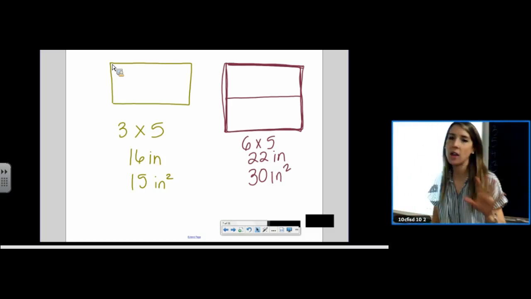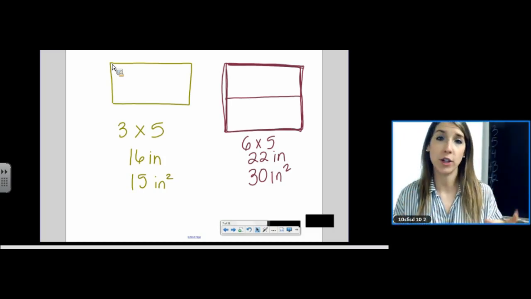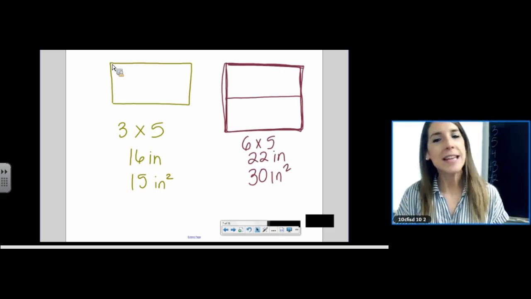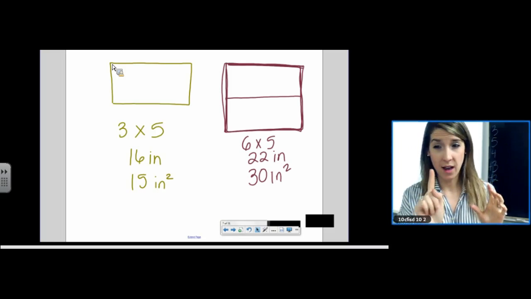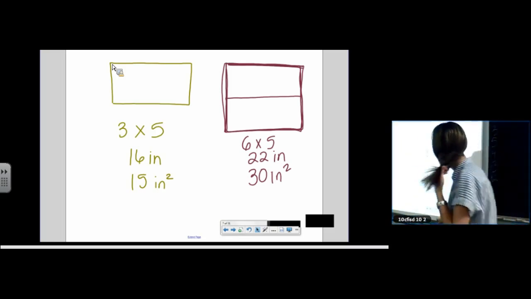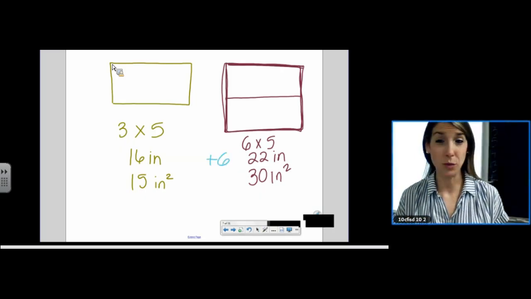Now, what today is all about is not learning a trick. Today is not about learning a shortcut or a trick. Today is about changing something and then realizing what happened, realizing how you affected things, okay? So when we changed one of the sides, we extended one of the sides, the perimeter, because we extended the side that was 3, well, a rectangle has 2 widths, right?